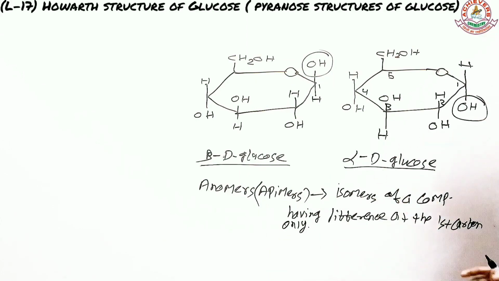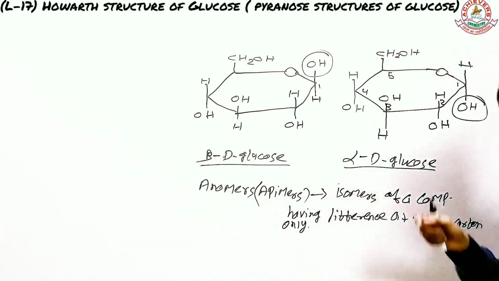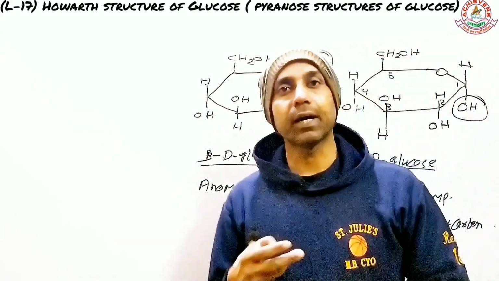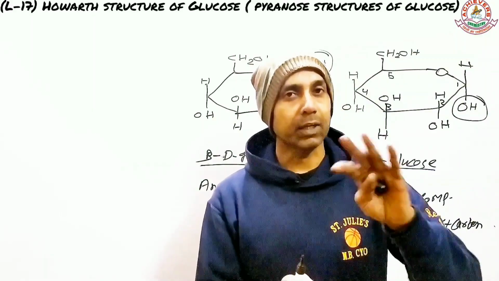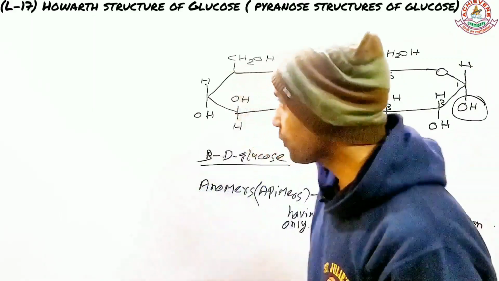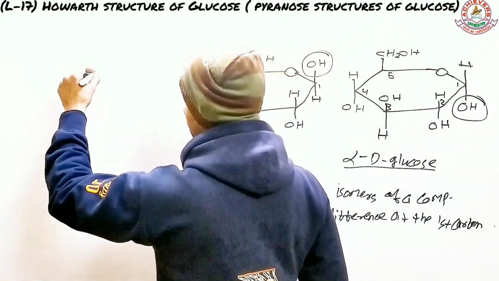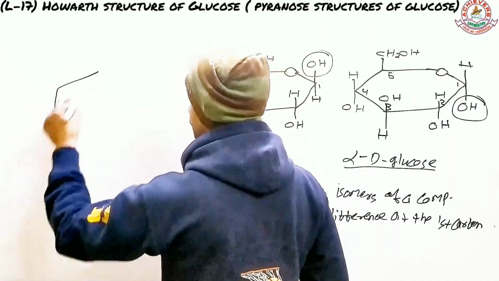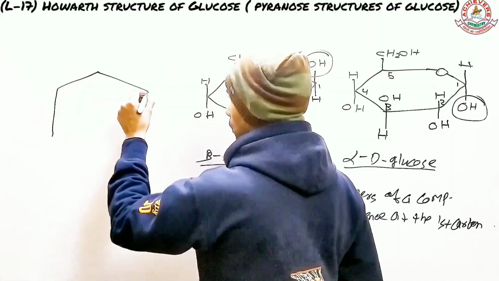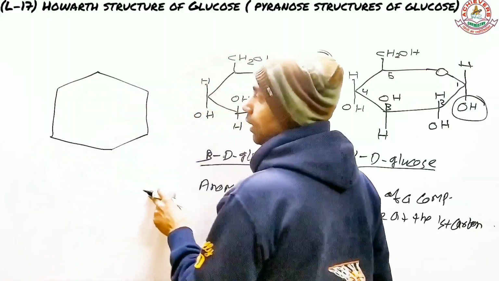Now get back to another very important thing, and this is about pyran. What is this pyran, and what does it have to do with these two structures? I'm drawing this pyran right here. Pyran is a structure like this one. I'm drawing a hexagon again.